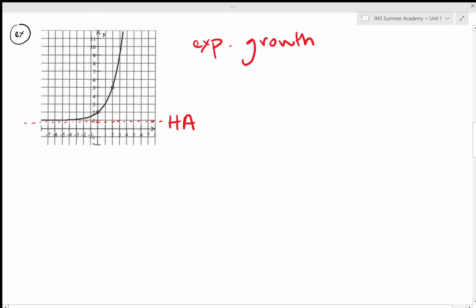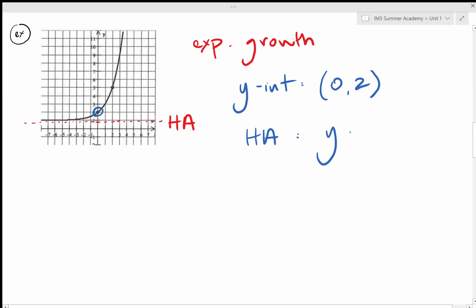We can see that it does have some intercepts. Right here, this does cross the y-axis, so that is a y-intercept. So let's write that point. The y-intercept is (0, 2). The horizontal asymptote, we can go ahead and write that out. Now remember, horizontal lines are going to be y equals.